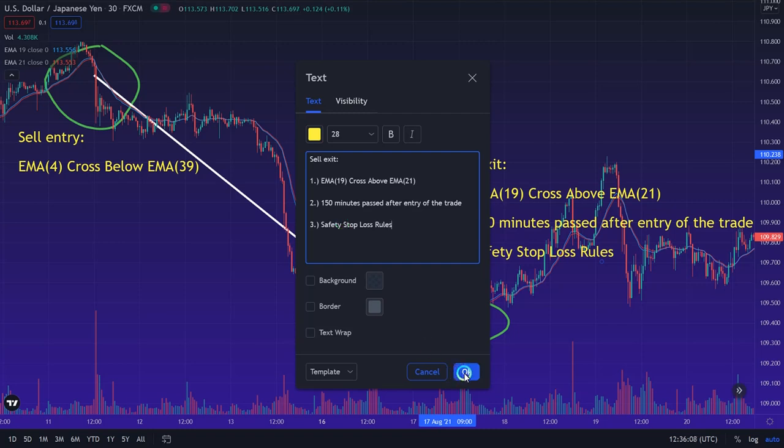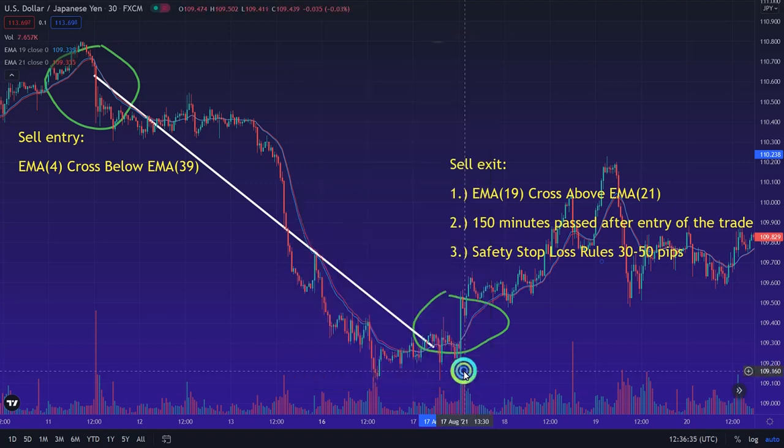Of course, we have an entry strategy, and the backtest showed profitability, but the exit strategy plays a huge part in it. So I can't tell you enough times that you should follow all the rules. In this case, it is a maximum of 30 to 50 pips.